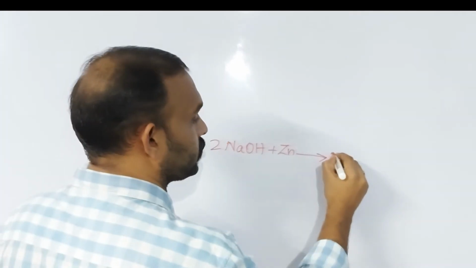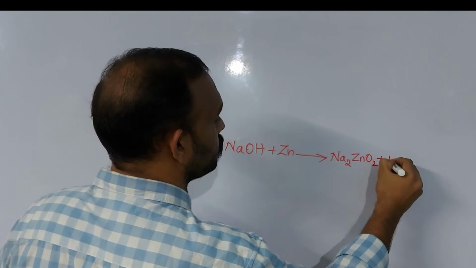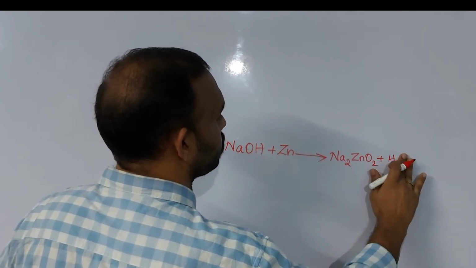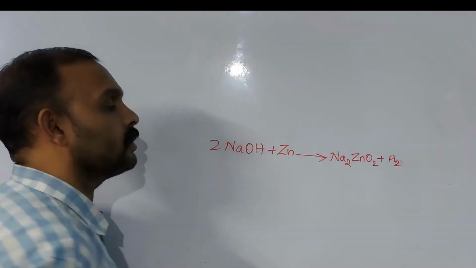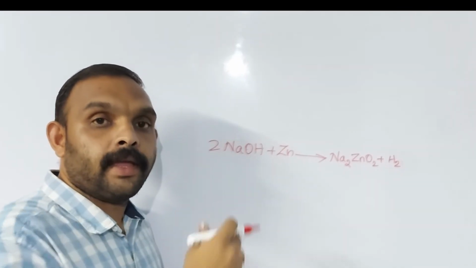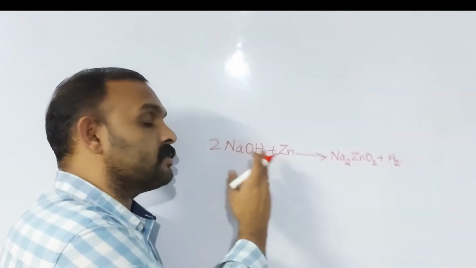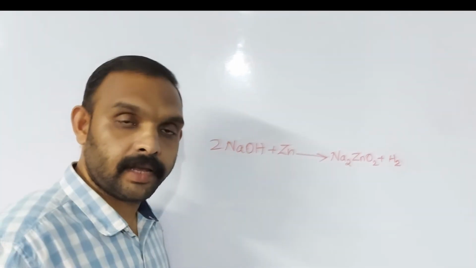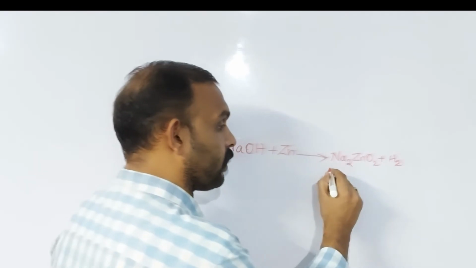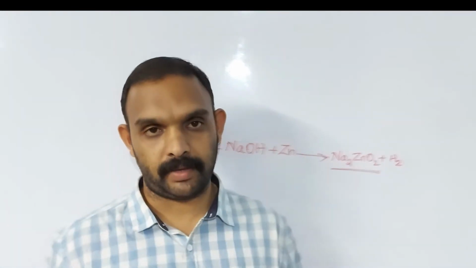We will get a product called sodium zincate, Na2ZnO2, plus hydrogen gas. Clear, my dear students? In the same way, a lot of examples can be written for the reaction of a base with a metal. Only one thing you have to remember is the metal salt product which is forming.